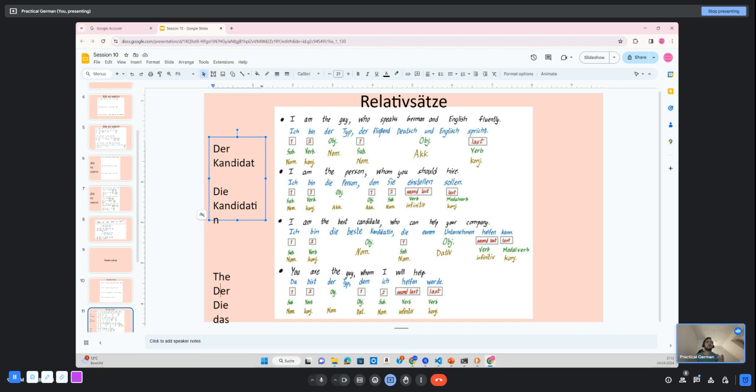In German you can say der Kandidat. But if you want to make sure that the candidate is a woman, you will say die Kandidatin. For example, Professor, Professorin, Student, Studentin. I hope I answered your question.